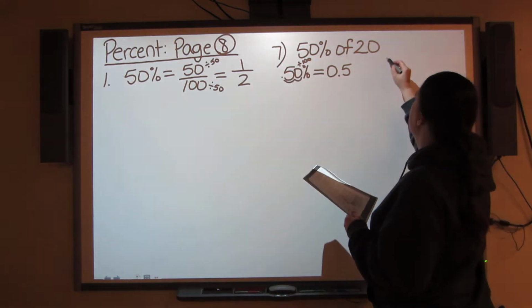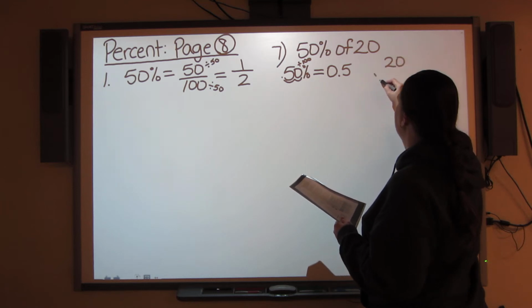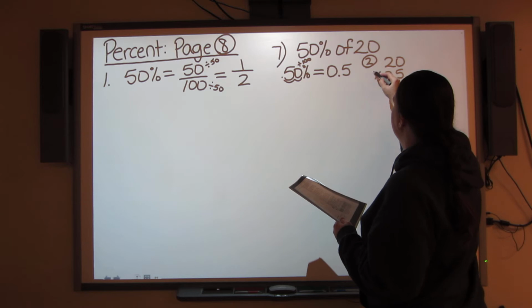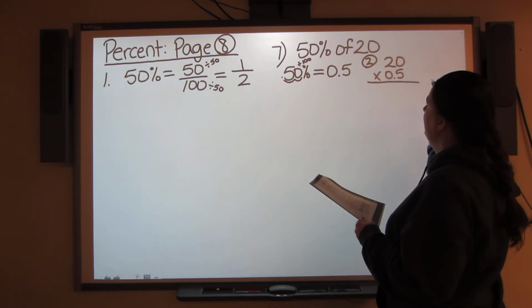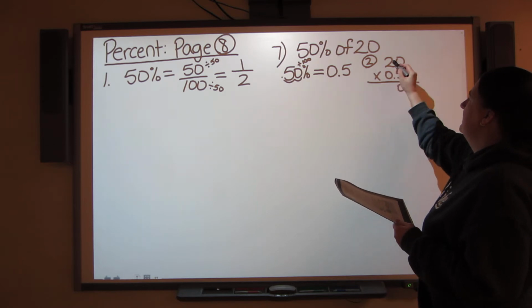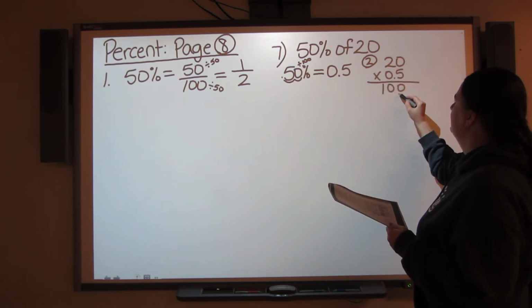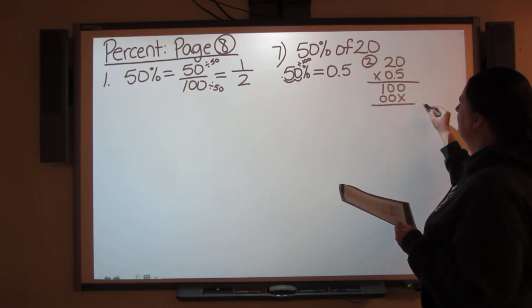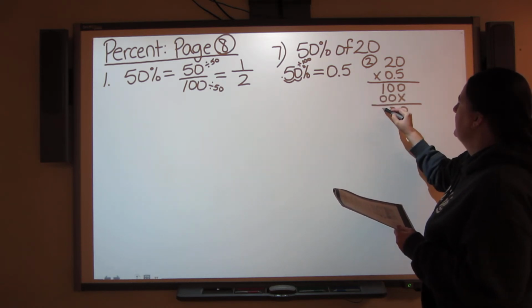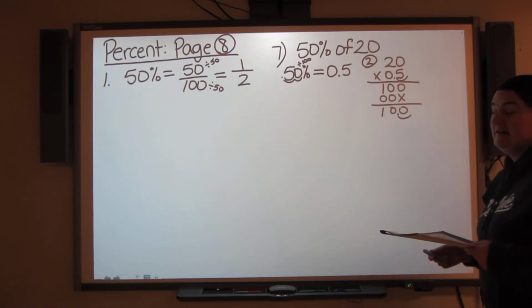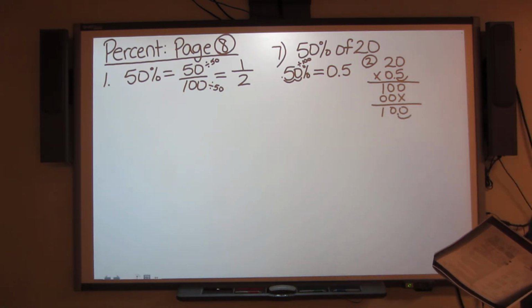And then I take my 20 and I times it with it. So this is step 2, just like we've done before. 5 times 0 is 0. 5 times 2 is 10. Put your 0, add them up, put your decimal. 10.0, do I need the 0.0?